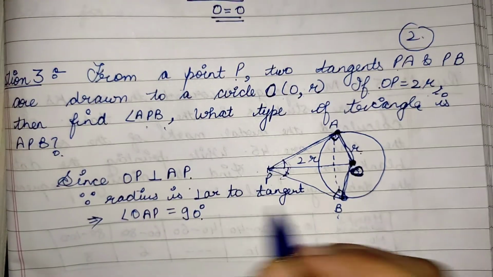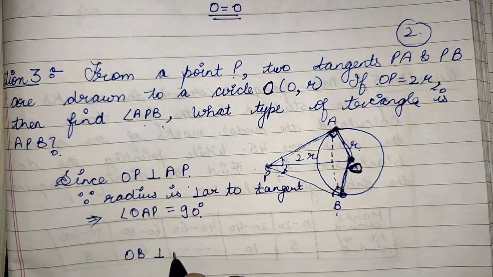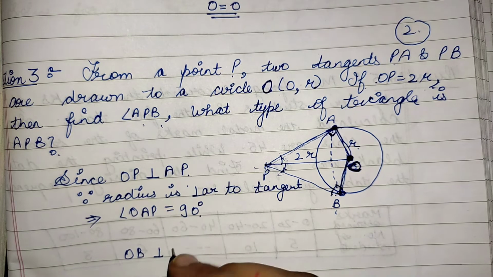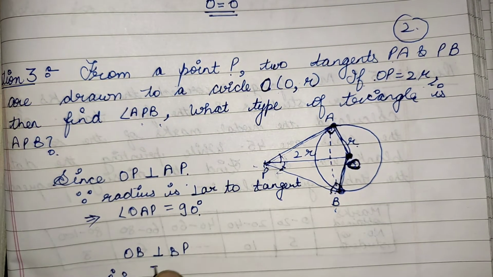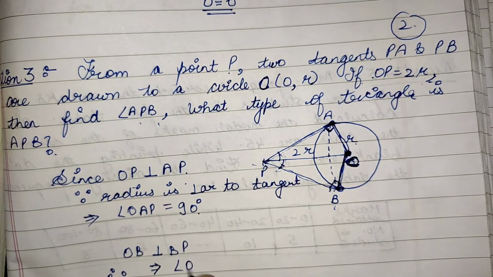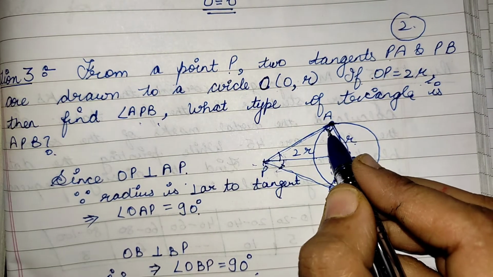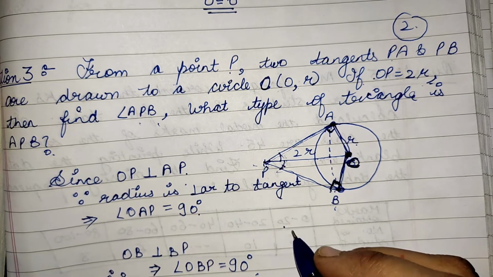Okay, similarly we can say that OB is perpendicular to BP, so therefore radius is perpendicular to the tangent, so that means this angle OBP is also equal to 90 degree. So this angle is also of 90 and this angle is also of 90 degree.